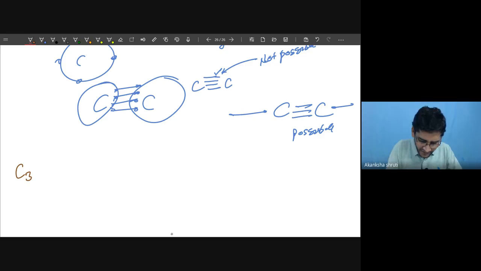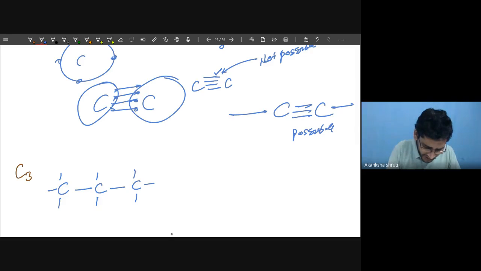Hey student, draw these 3 carbons like this: C, C, C. Now for satisfying, you may think, for the second carbon, or the middle carbon, only 2 bonds are already formed, 4 at the end.